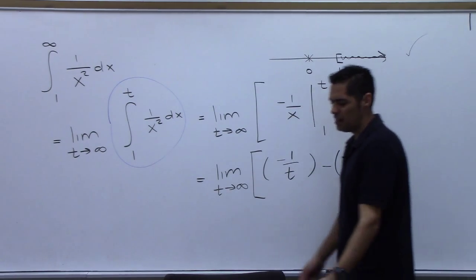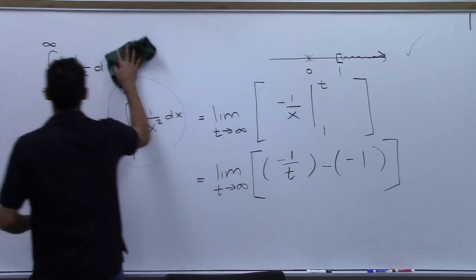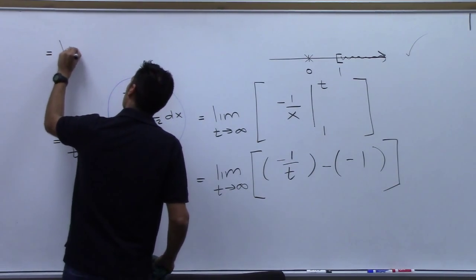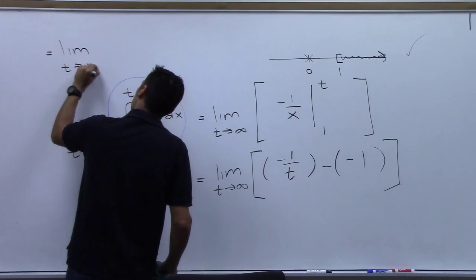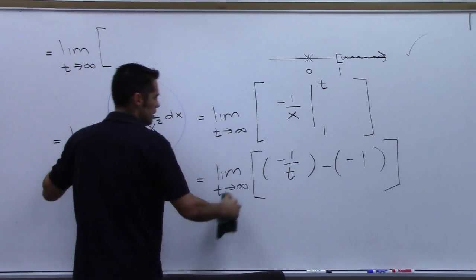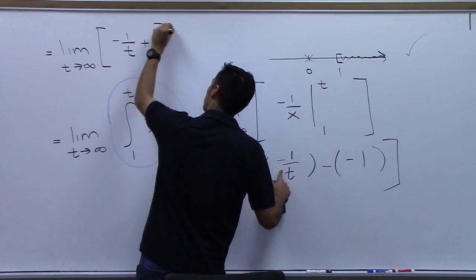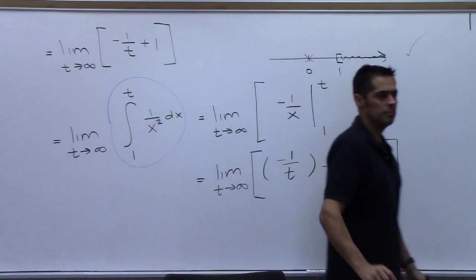I guess we could clean that up a little bit, but I think we're ready for the limit. Let me see. Go one more line. Limit as t goes to infinity of negative 1 over t plus 1. We agree?